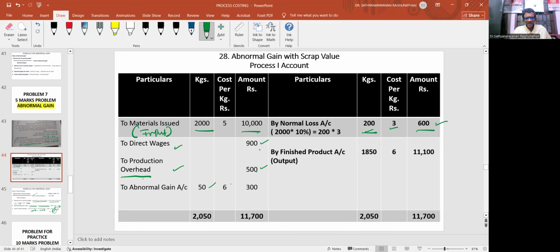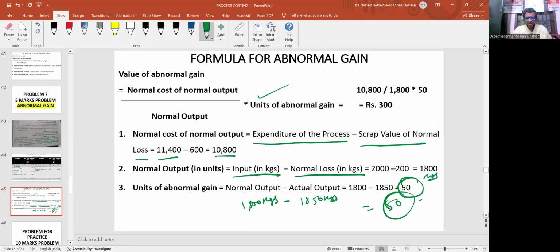And then cost per kg, how much? And then the amount that you have to substitute, and then you have to find the normal cost of normal output, that is 10,800 divided by normal output 1,800 into abnormal gain units 50. So if you put minus here, the answer will also come as minus.